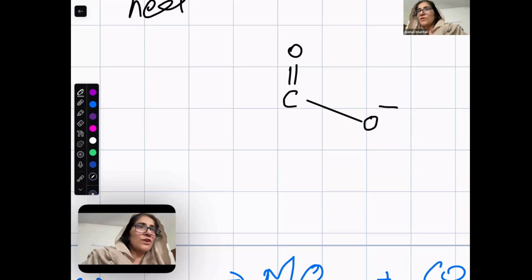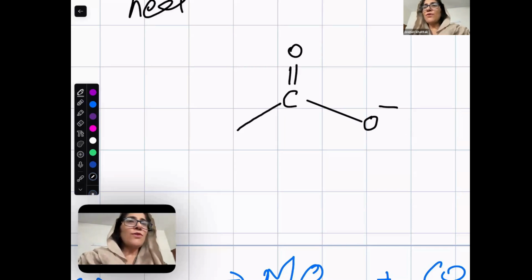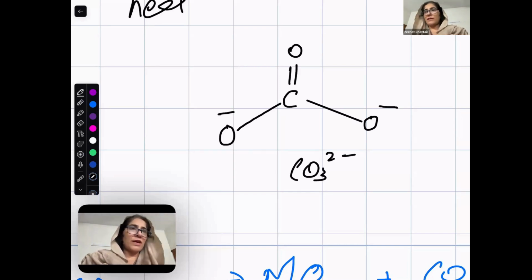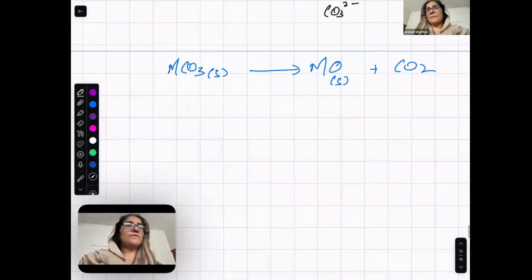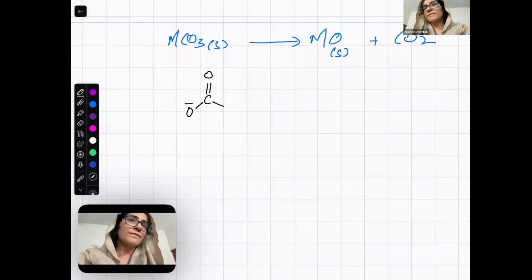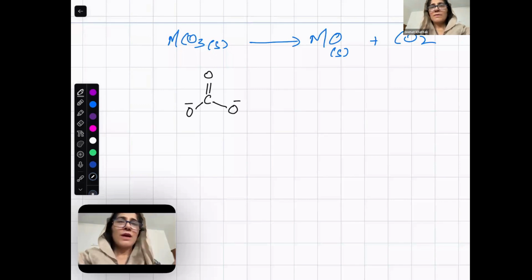This is CO. If I put another O, this is CO3 minus 2, which is carbonate. Now, you know what is happening? I'm writing the carbonate twice.